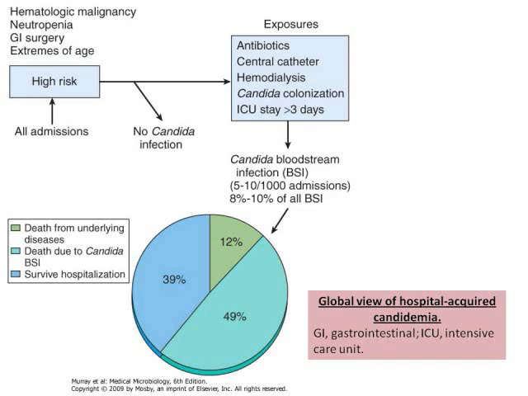And again, there are problems. We're going to talk about the intrinsic or acquired resistance to antifungal therapy that we may have. But you can see from here, 12% die from underlying diseases as well, while 49% is death due to Candida bloodstream infection.